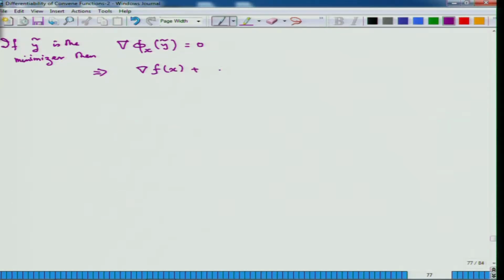You take the gradient. Now the 2 goes off, which makes the calculation easier. This would simply tell me that y tilde is equal to x minus 1 by m grad f(x).